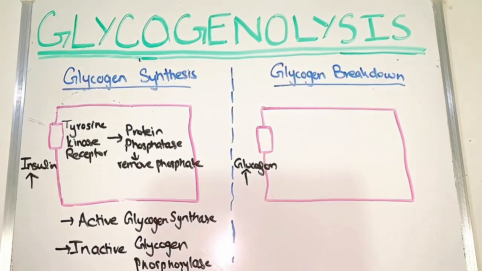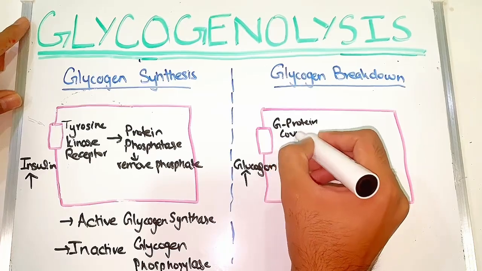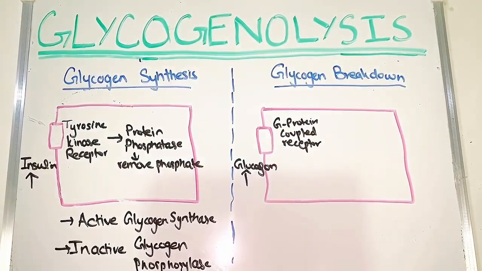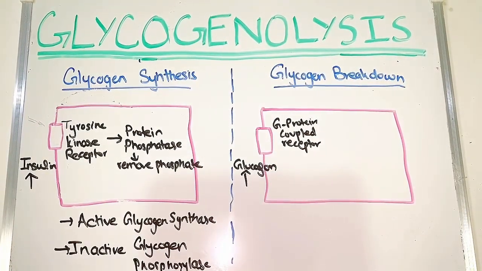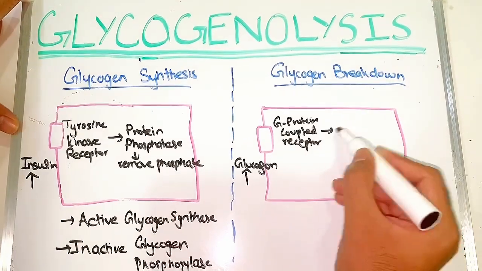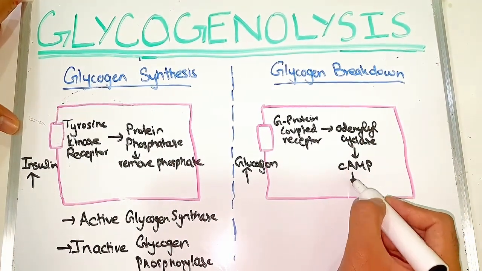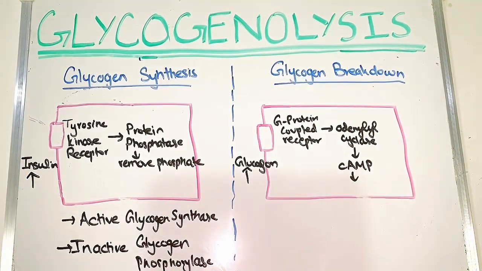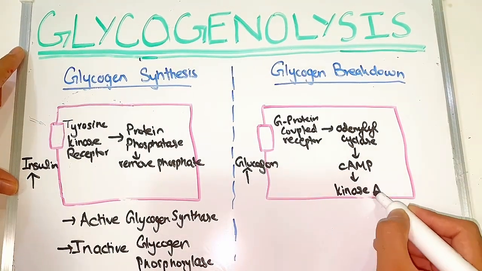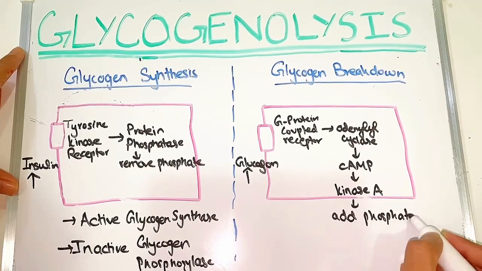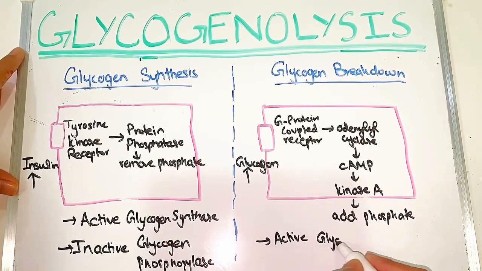Moreover, in glycogen breakdown, when we need more glucose, then glucagon stimulates a G protein coupled receptor in the cell membrane. G protein coupled receptors stimulate adenylyl cyclase. With the help of ATP, it will convert into cAMP, which stimulates protein kinase A to add phosphate.